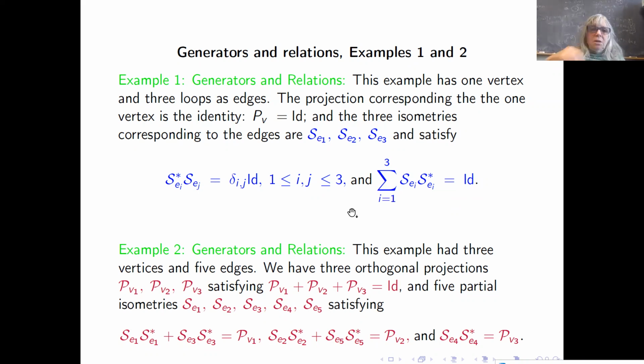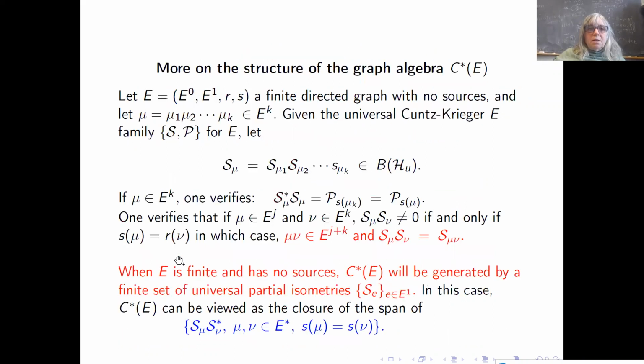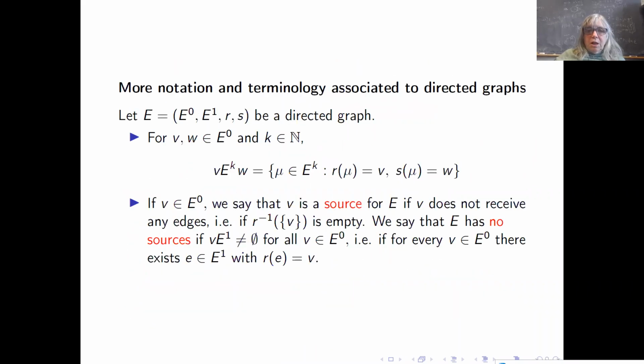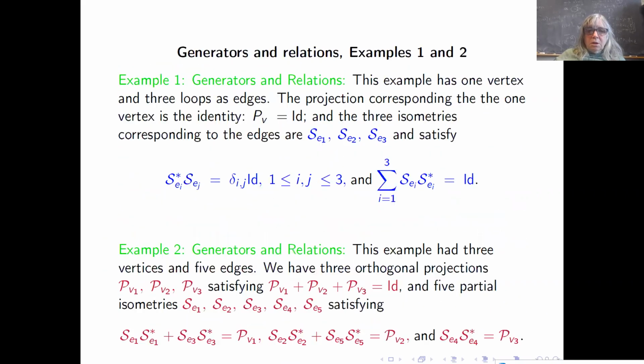Now, what about our other example, example 2. Let's go back, take a look at it. Here it was, 3 vertices, 5 edges. Well, when you work it all out, here we have our 3 projections. They're orthogonal. They sum to be your identity.